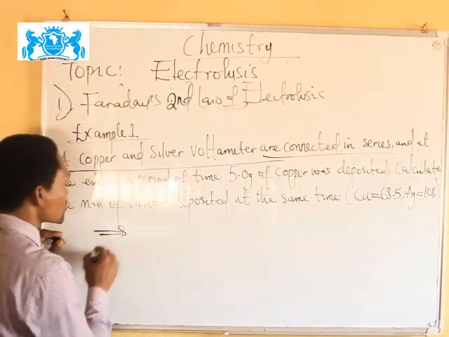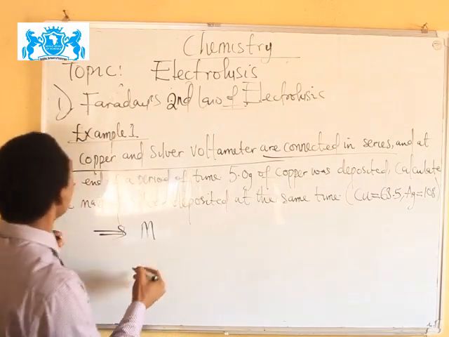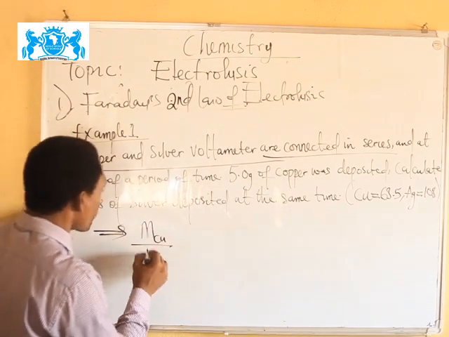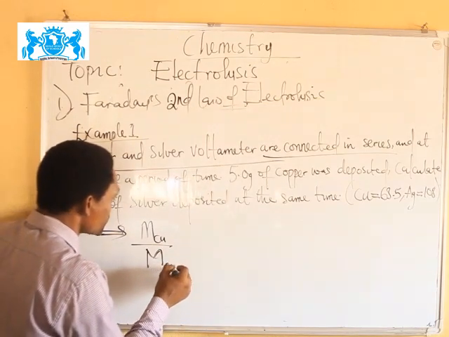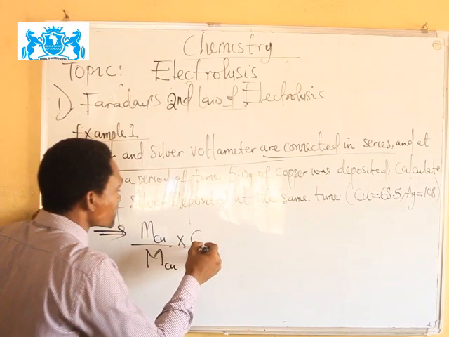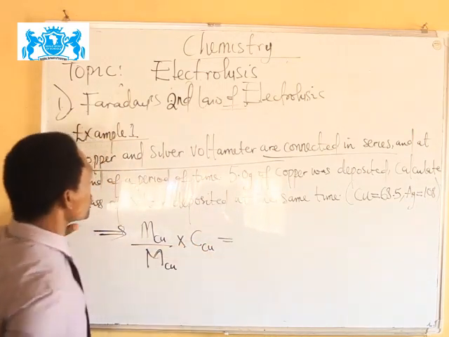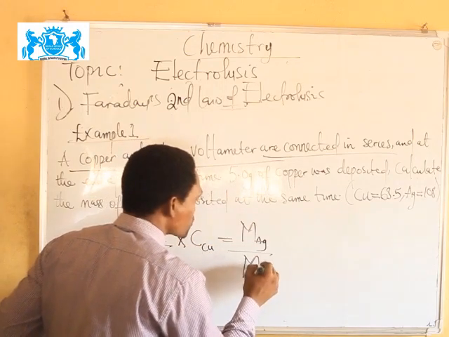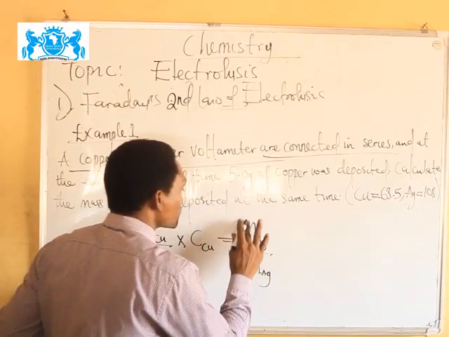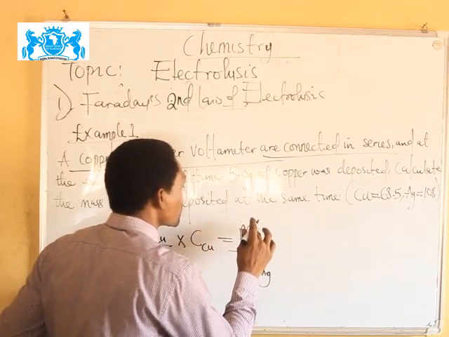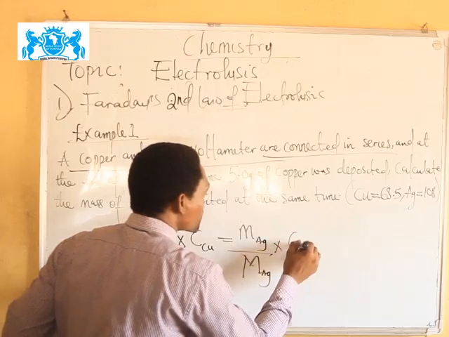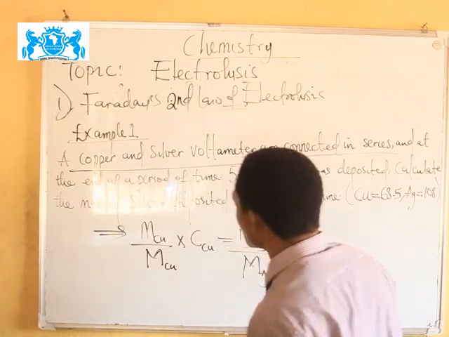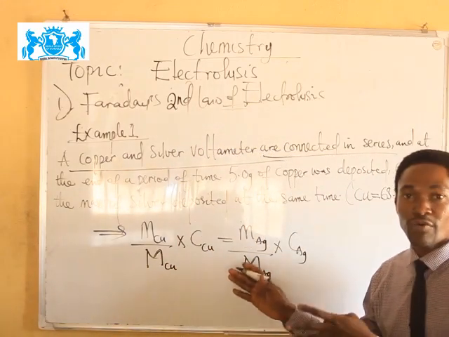That states that, in this case, you're going to use M for copper, M_Cu, over molar mass of Cu, times the charge, we'll call it C_Cu, is equal to that of silver, M_Ag, over molar mass of Ag, times the charge of silver, C_Ag. We should remember this is what Faraday's second law of electrolysis states.